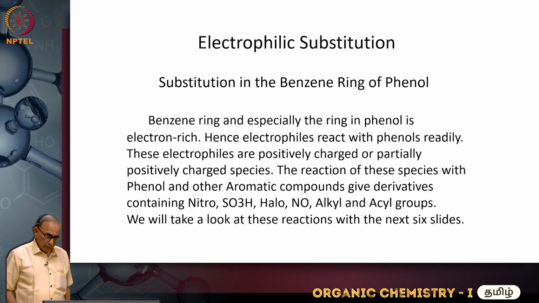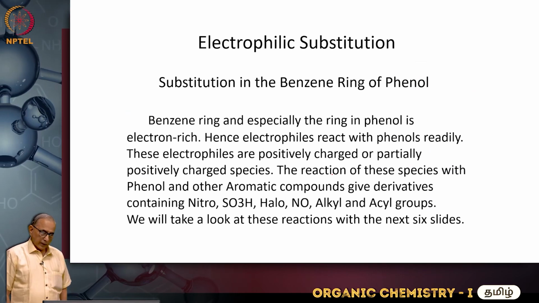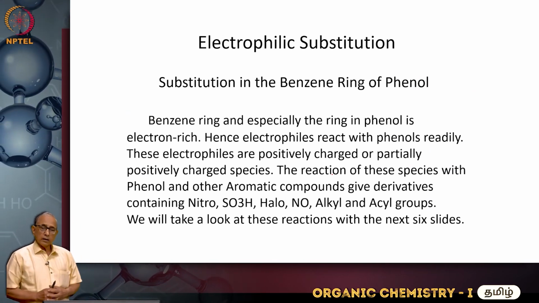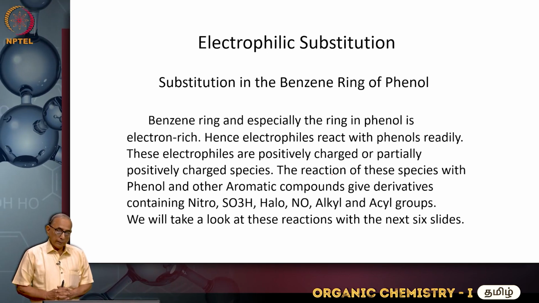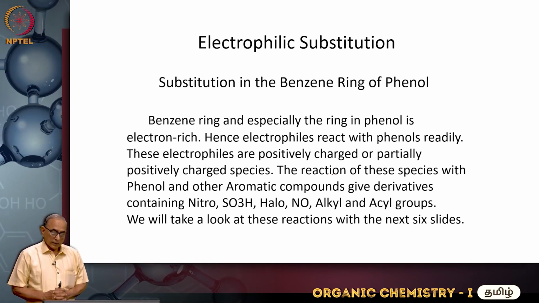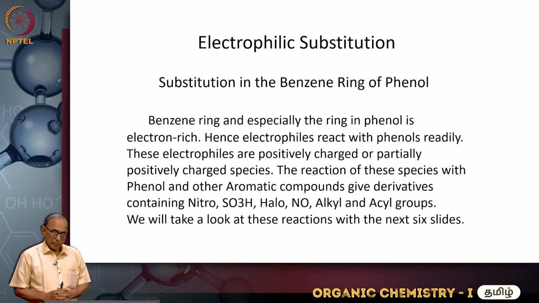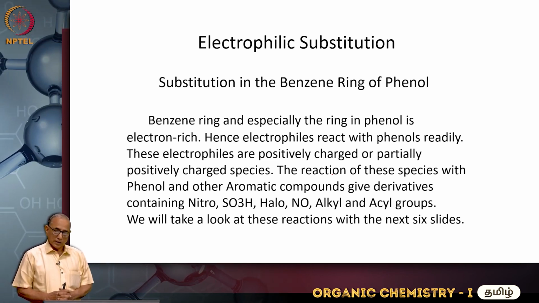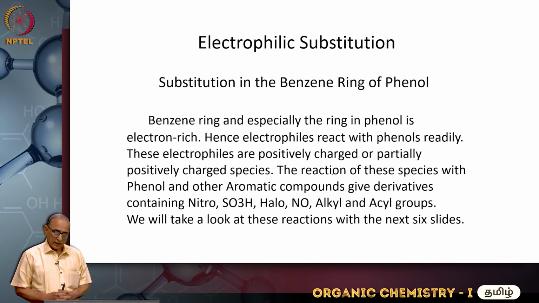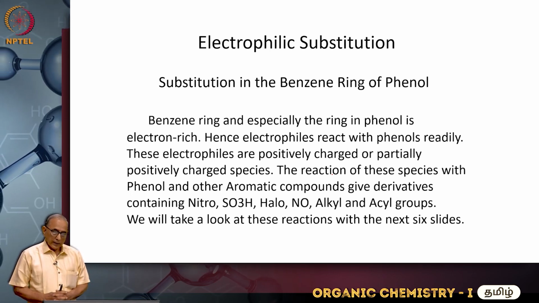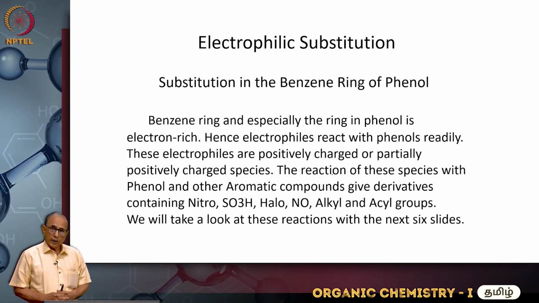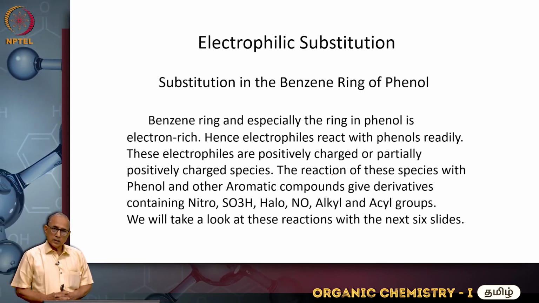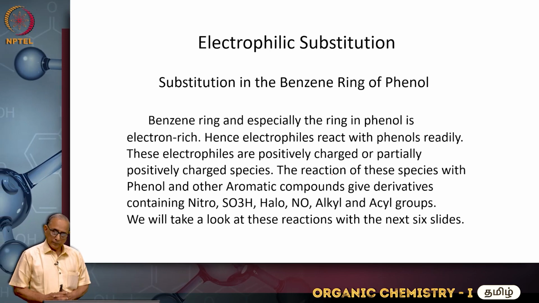Next, we go to electrophilic aromatic substitution. This is a common type of reaction with compounds containing benzene, naphthalene, and higher fused rings like anthracene, phenanthrene, etc. In electrophilic substitution, the main thing is you have a positively charged reactive intermediate.